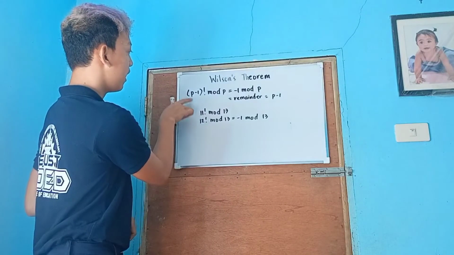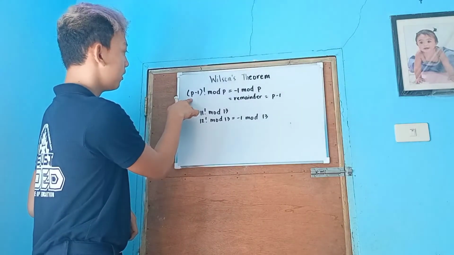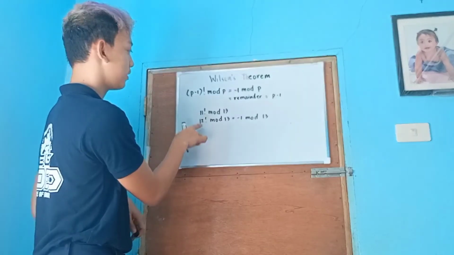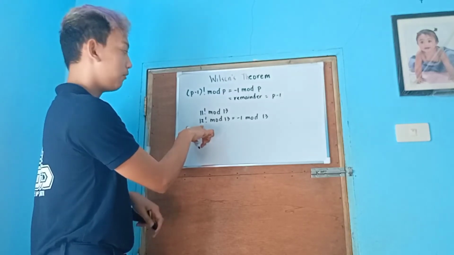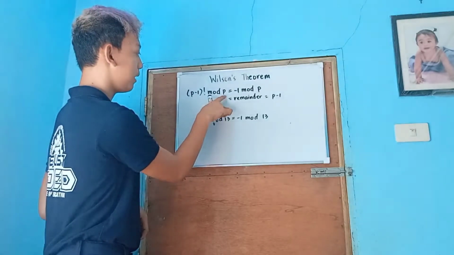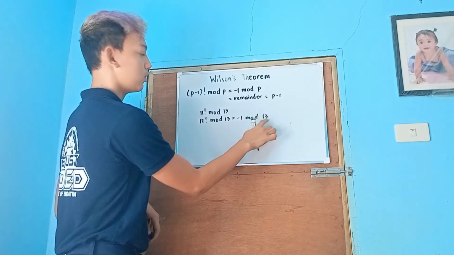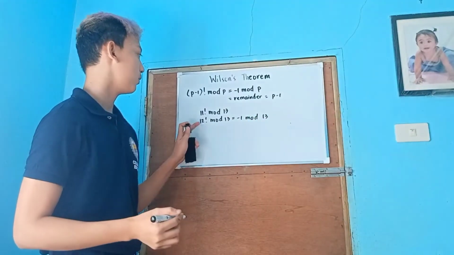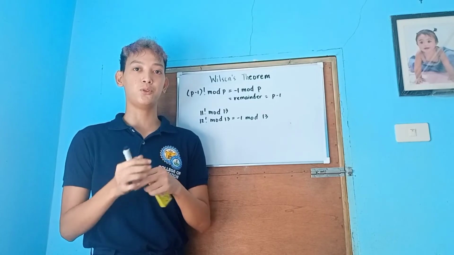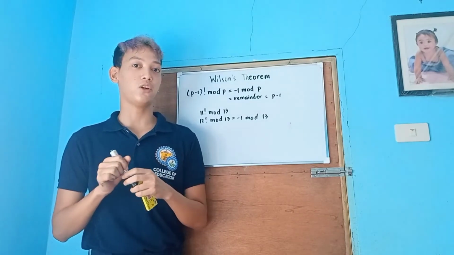So, again, our prime 13 minus 1 equals 12 factorial mod our prime 13 equals negative 1 mod 13. So, again, we just have to get the 12 factorial.